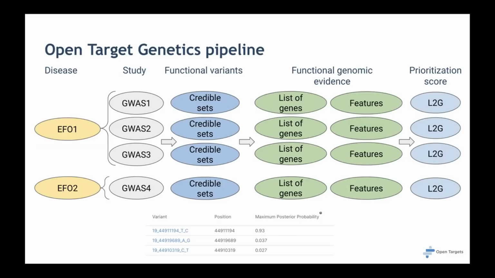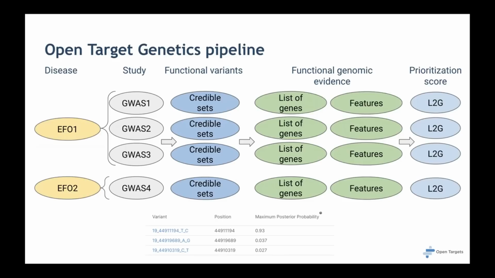Since we work with GWASs on a systematic level, we are not focusing on any particular disease. We work with whatever we have. All GWASs are mapped into an ontology, the one that is common to use in the API. So this represents the first edge of information.